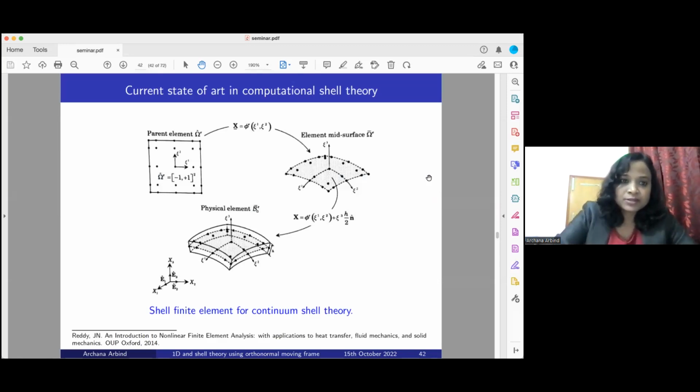Let's first talk a little bit about the current state of the art in computational shell theory. In computational shell theory, we have a parent element, and we approximate the geometry of the reference surface in the physical space by a function, and we use the same Lagrange function as we use for the approximation.